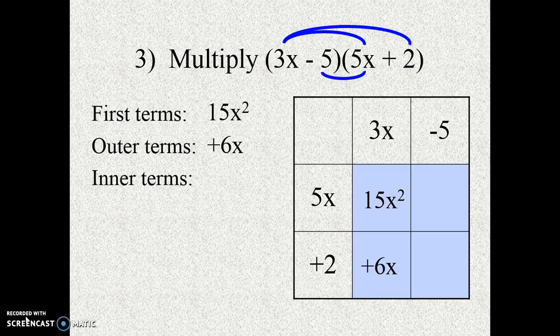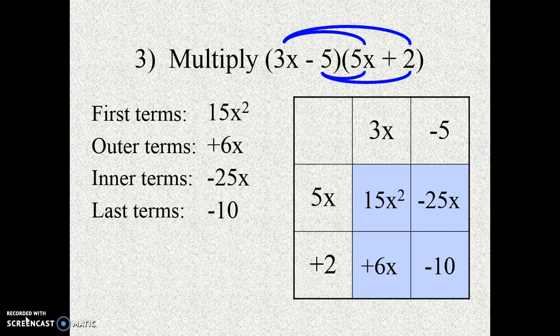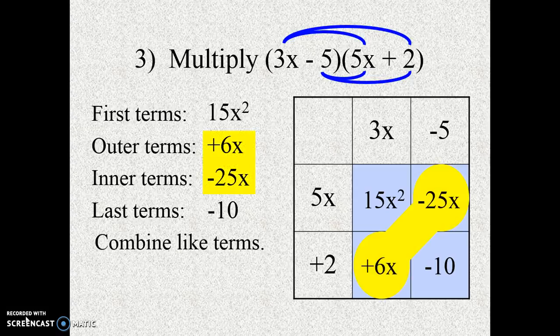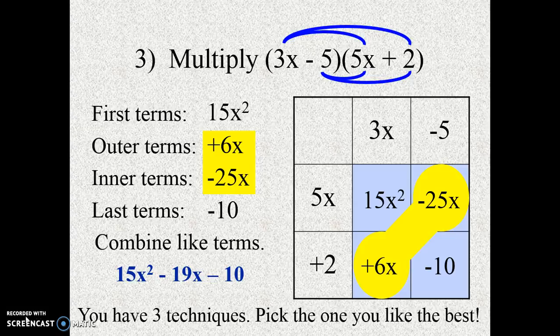Inner terms are negative 5 and 5x, which gives you negative 25x. And the last terms are negative 5 and 2, which gives you negative 10. Add, combine like terms, 6x and negative 25x, which gives you 15x squared minus 19x minus 10.